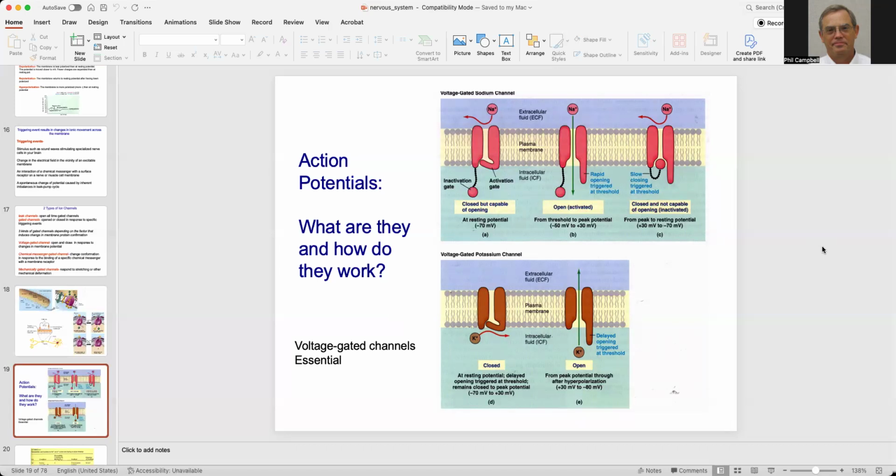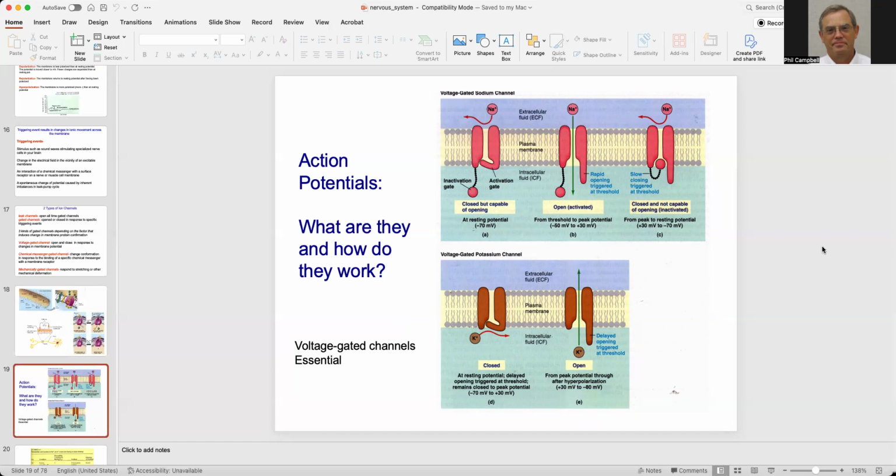Why are they long distance? What enables them to be the long distance communicator in the body? What's unique about them? How are they enabled? So we'll spend a considerable amount of time, probably the bulk of the day, talking about action potentials because they're very unique.